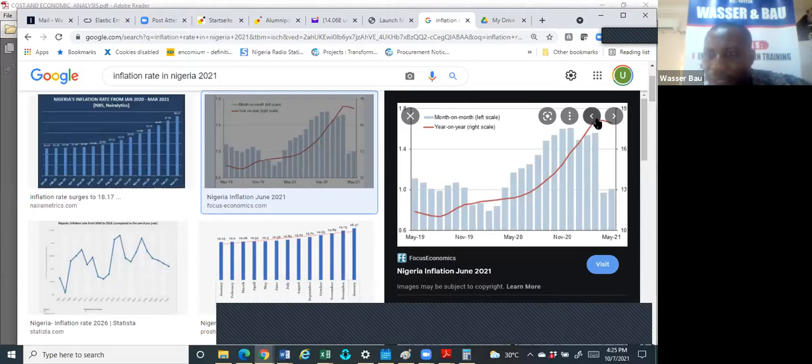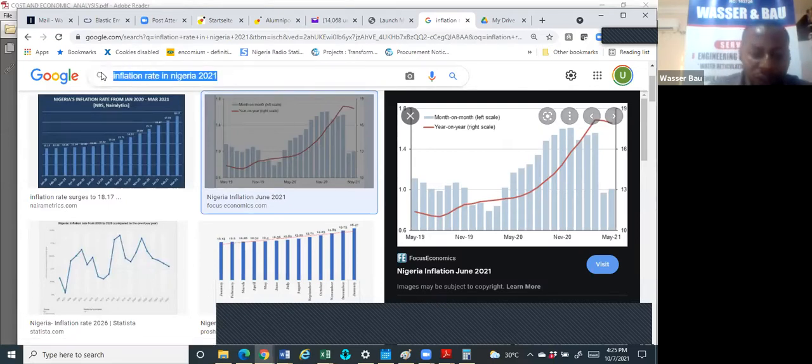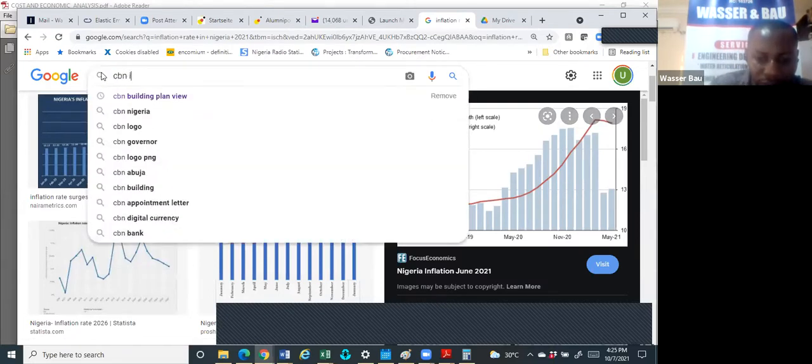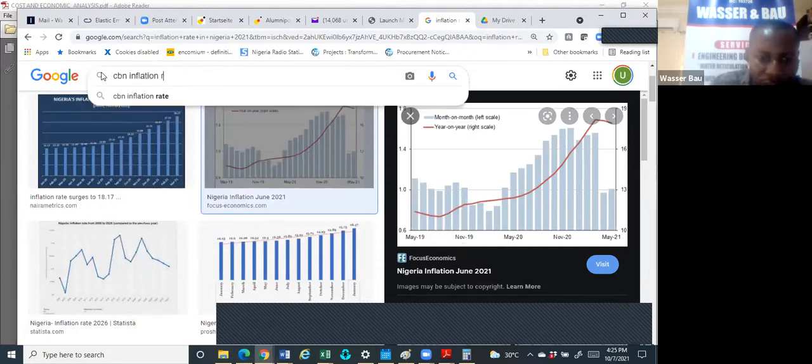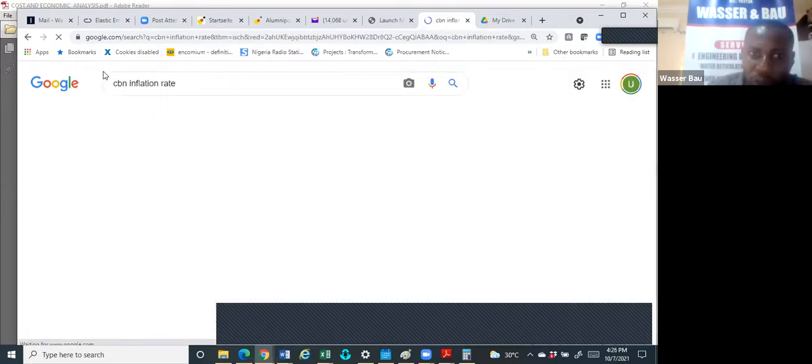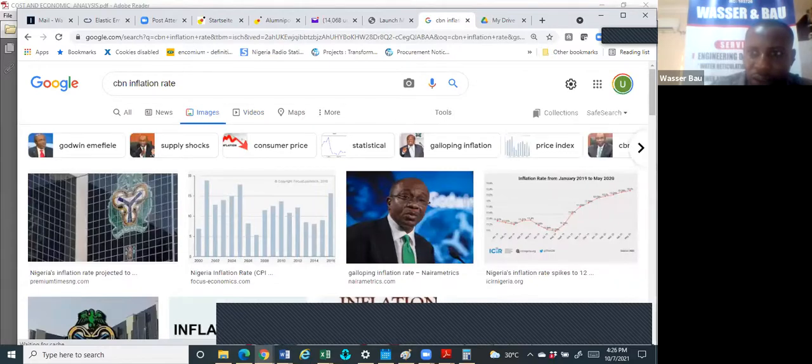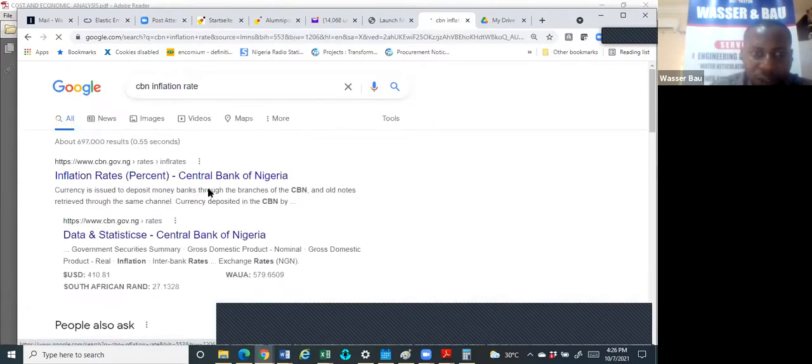Look at it. Here is about 18%. But here is 19%. So another way to get it is you just go to CBN. CBN inflation rates. To take you to CBN website. So this is cbn.gov.ng.